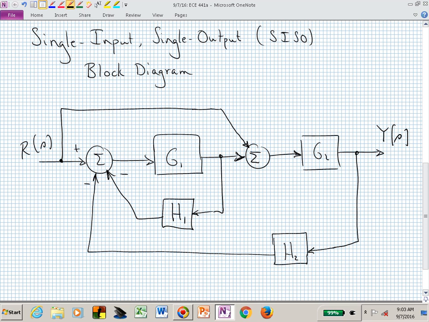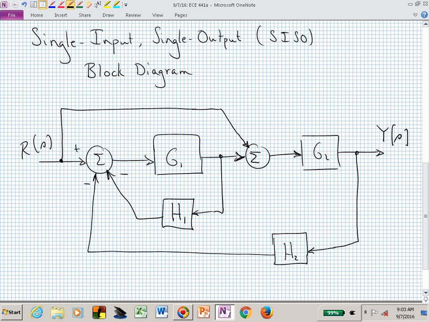And this is a little bit more complicated than our second example. If I could cover things up, you could see G1 and H1 are in this feedback configuration, but in this particular diagram we have a feed forward path from R into the second summing junction.